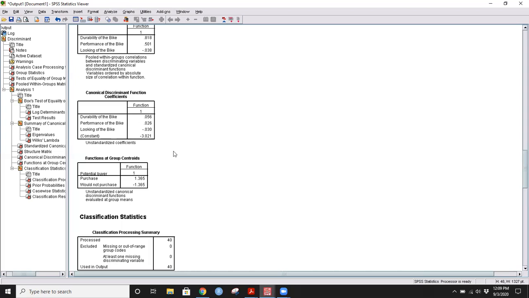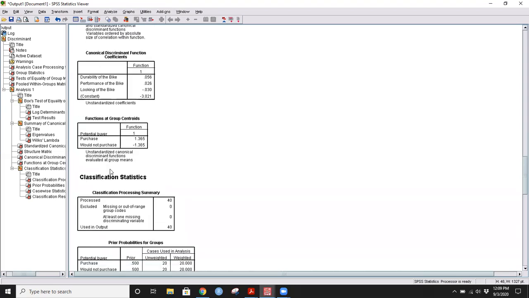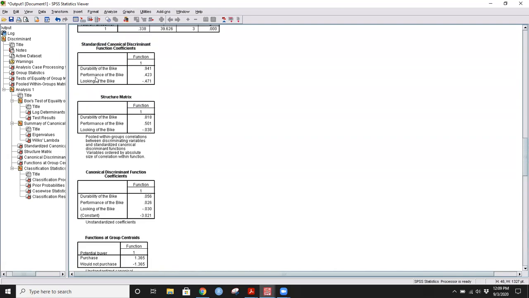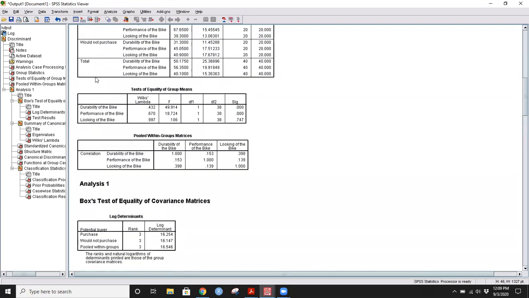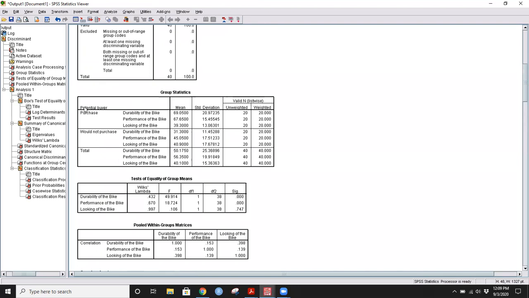Now we move on to this table, which is very near to the classification rule, called the functions at group centroids. Imagine in this discriminant function, for each of the independent variables, you substitute their group means. You go back to this particular table, and for each of the categories, purchase and would not purchase, pick the means.